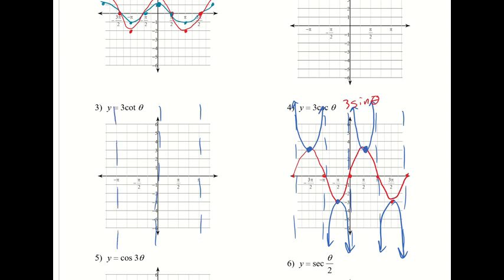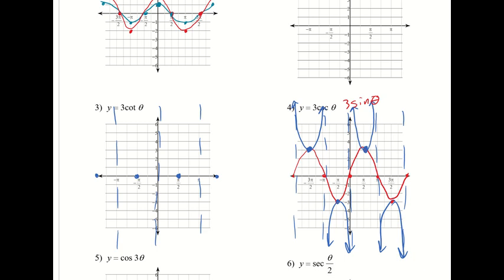Tangent and cotangent all have zeros halfway between the asymptotes. No matter what the horizontal shift, vertical shift, period change, amplitude change, whatever, halfway between the asymptotes, it will be a 0. That might have to shift up or down with a vertical shift, but that's what it's going to be.